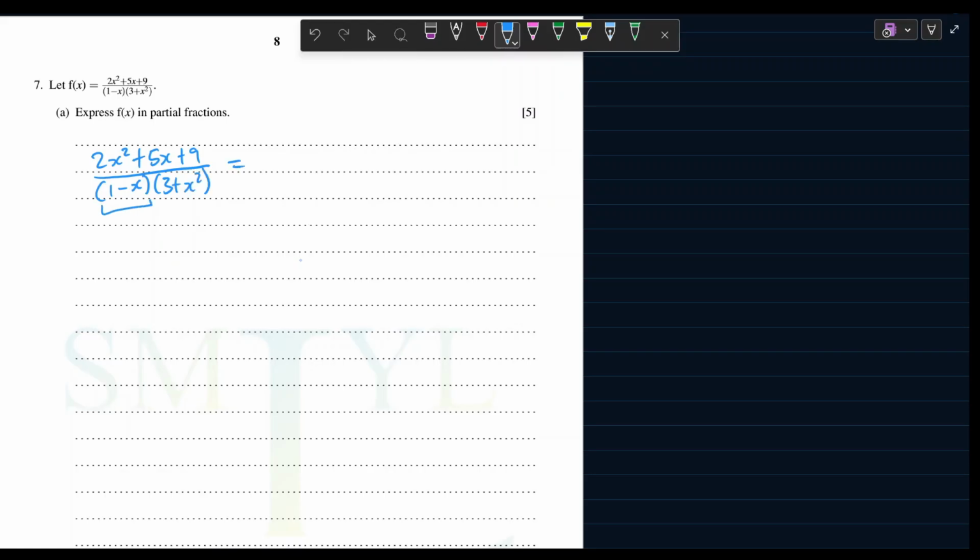So this here is a linear factor, so we can write it as a over 1 minus x plus, this is a quadratic factor. Be careful here, because if it was a repeated factor, you would have the 2 being outside. But because the 2 is inside the bracket, this is of the form ax squared plus bx plus c. So it is a quadratic.